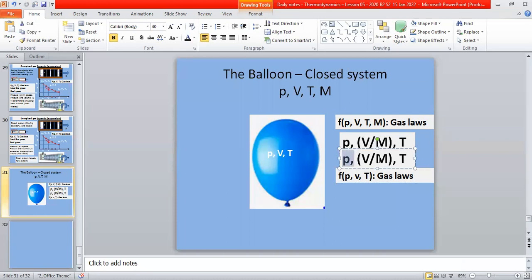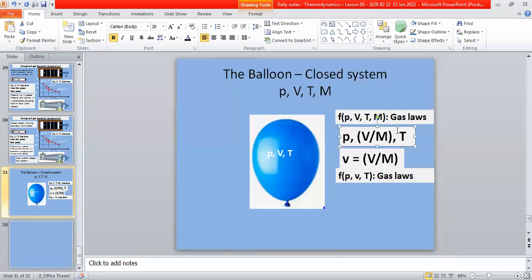So in the gas laws, you can have P small v T or PVMT, because volume, mass, pressure, temperature are all together.